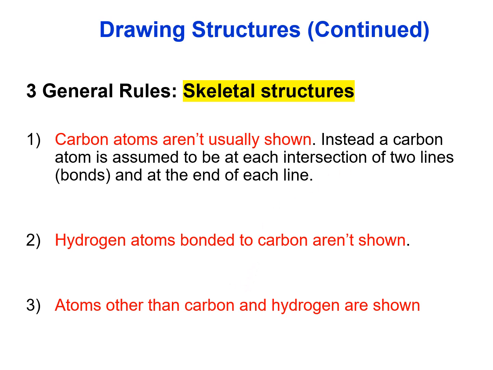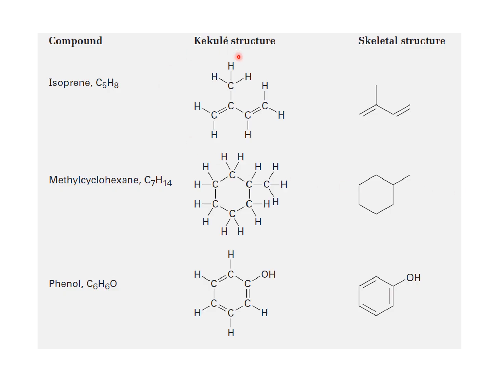Let's look at the examples shown in this section, table 1.3 from your textbook, where the molecular formula is given as C5H8, and a structure where each bond between the carbons and the hydrogens is shown. That's one way of drawing the structures.